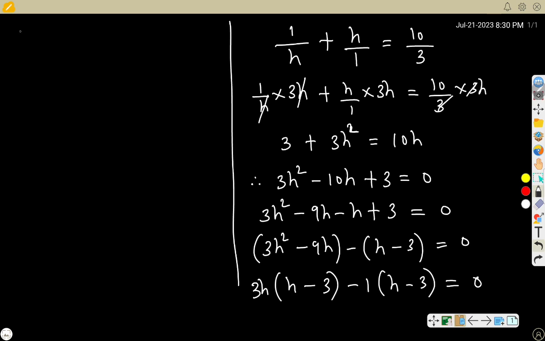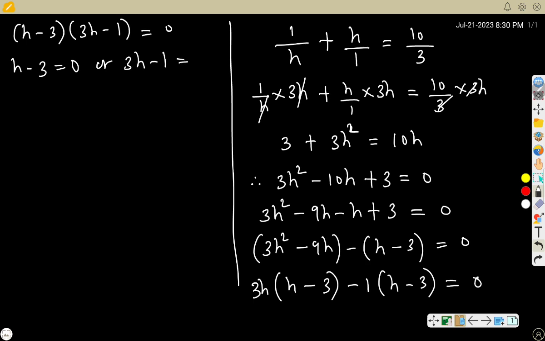So we have h minus 3 and 3h minus 1 equals 0. So h minus 3 equals 0, or 3h minus 1 equals 0. So h equals 3, or 3h equals 1, so h is equal to 1 over 3.